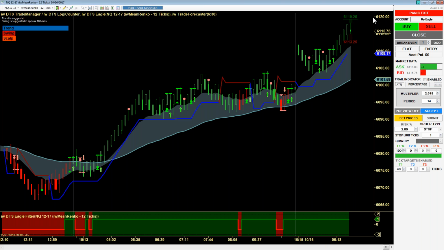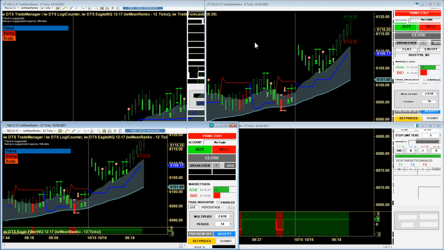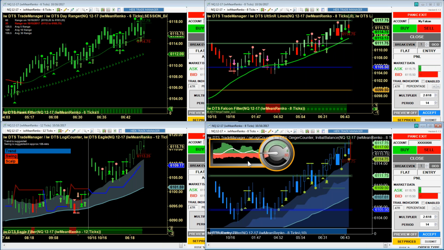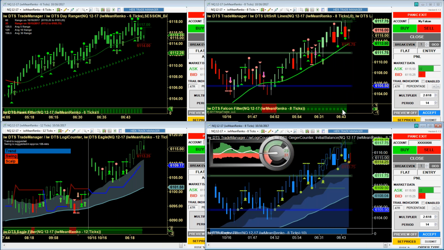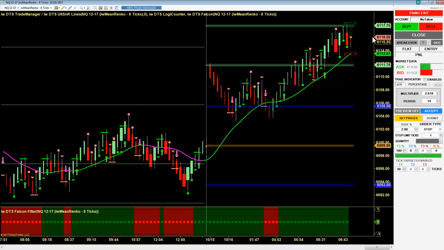Okay, so we're sneaking up on the 6120 area that we were looking at. And I'm not going to get a sell signal here on the Eagle. The Raptor is probably going to be one of the first to give me a sell signal. The Falcon might give me a double dot. You see, here they come, taking a little bit of a bounce off of the resistance zone. Now this is a full-on counter trend trade.